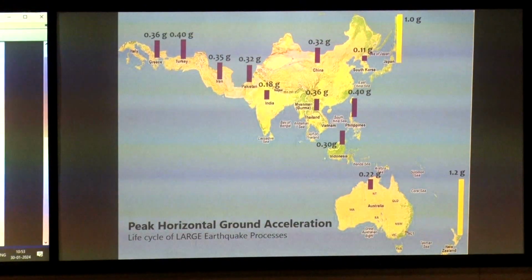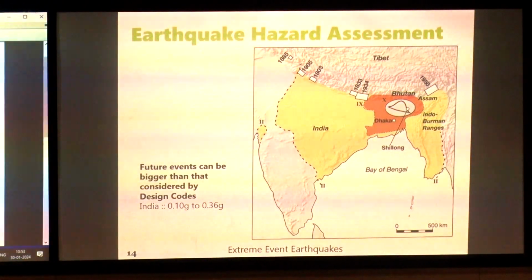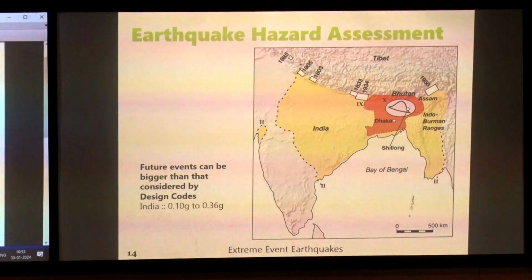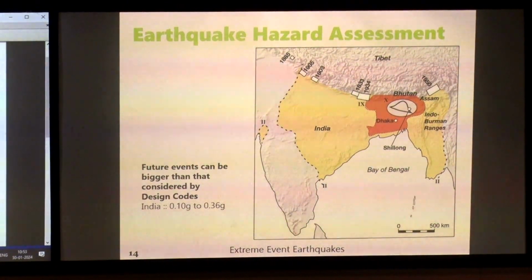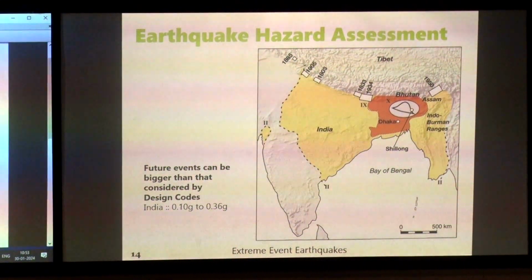And then that is the whole idea, and that is where it was felt that we need to take seismic hazard analysis for the country in a much deeper way, and that is where the whole work began.